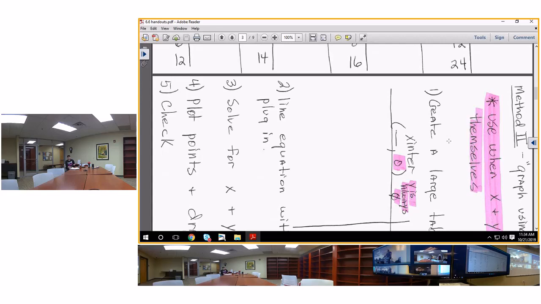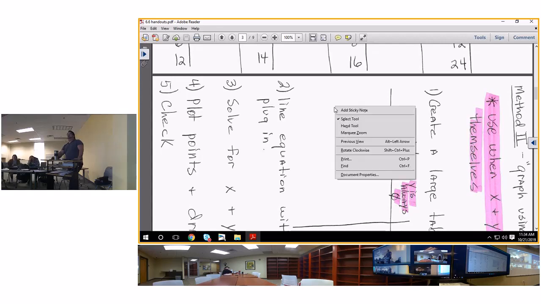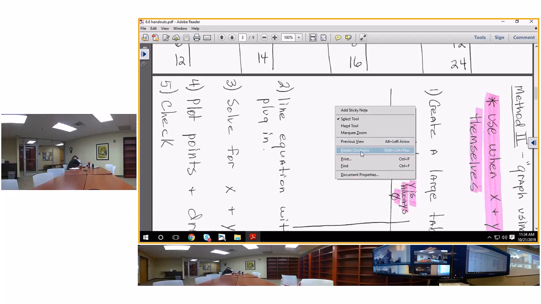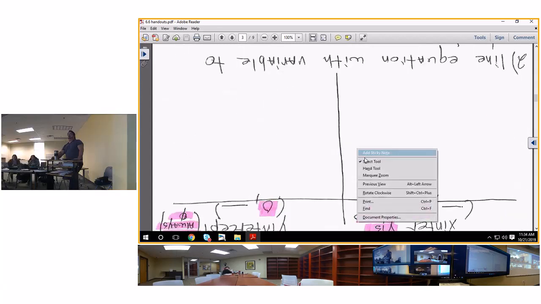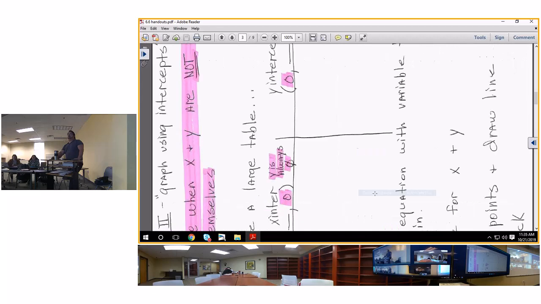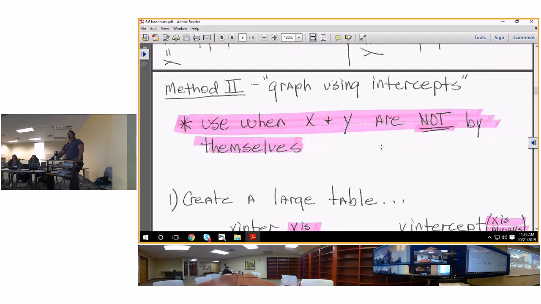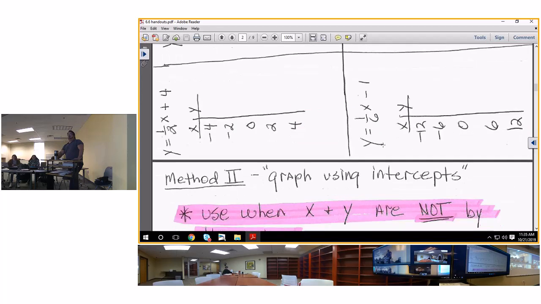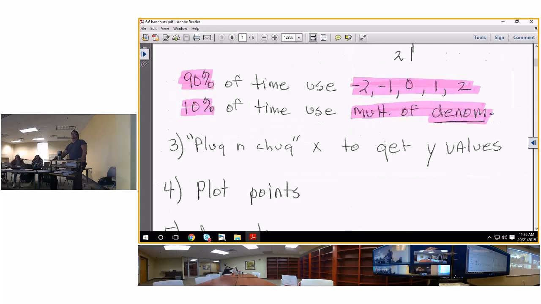Now let me rotate back. There should be a button up here you can rotate. Now how do I go backwards? Now I gotta go around. Hold on a second. There we go. Now, I don't know why I don't have an example.